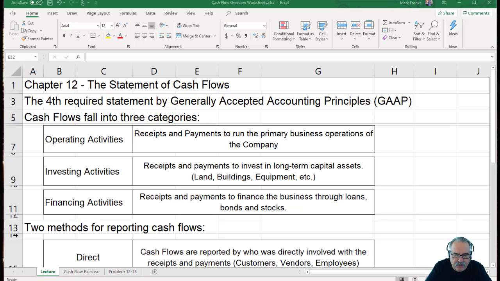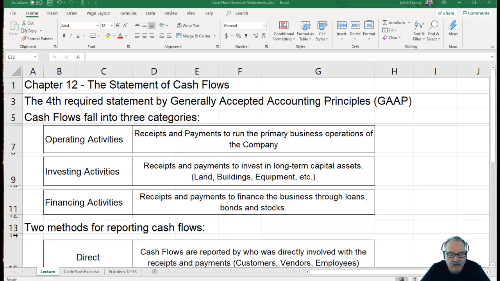And so in this statement, we're focused solely on the cash balance, the balance in the bank account or the group of bank accounts if we have more than one, and what the beginning balance was and where all the money came from, where all the cash went, and the ending bank balance.